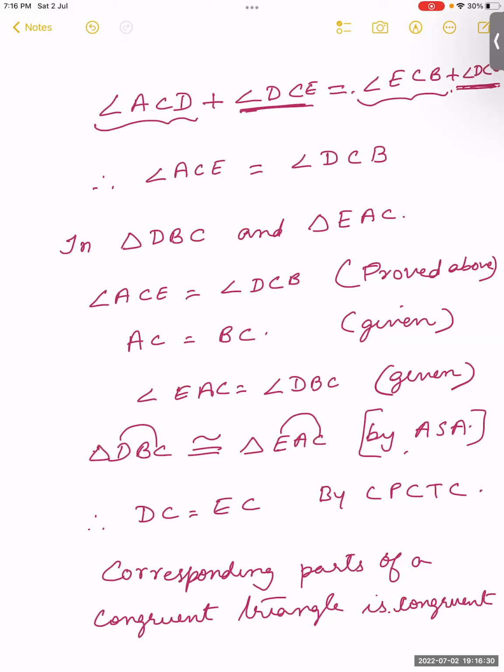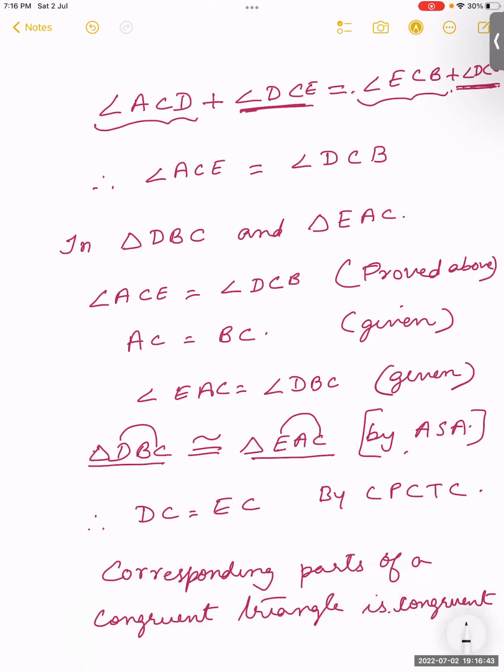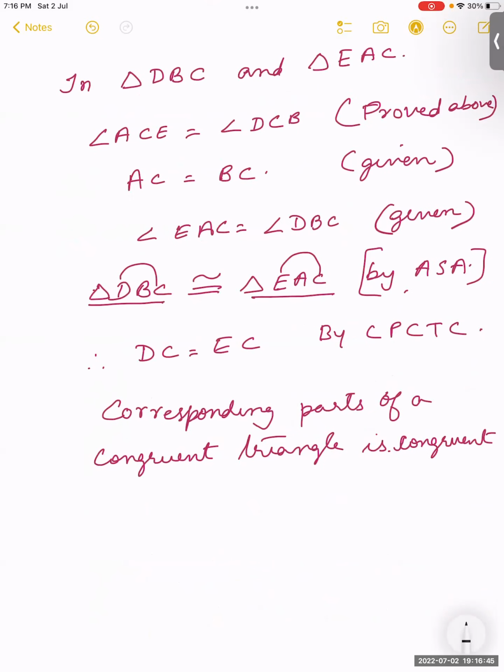Now, if you look at the triangles, which are congruent? Triangle DBC and triangle EAC are congruent, right? Yes. These two triangles are congruent. So when you know these two triangles are congruent, you understand that DB is equal to EA, BC is equal to AC, and DC or CD is equal to EC.